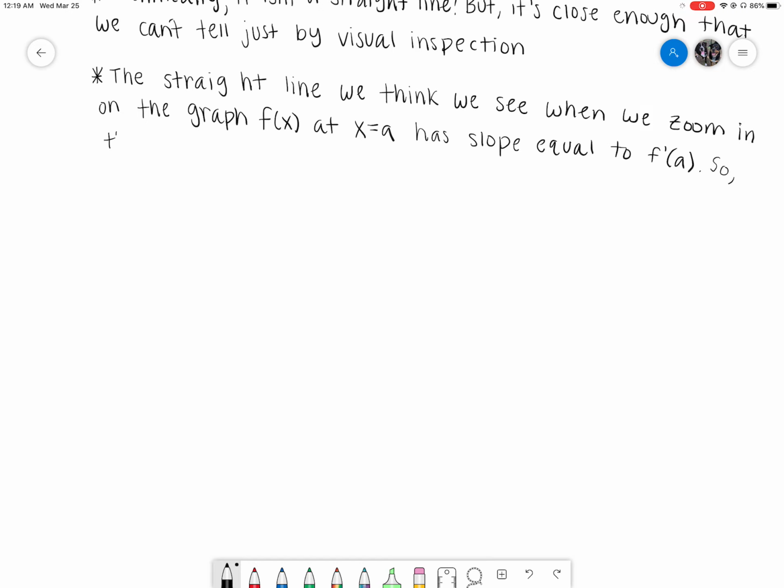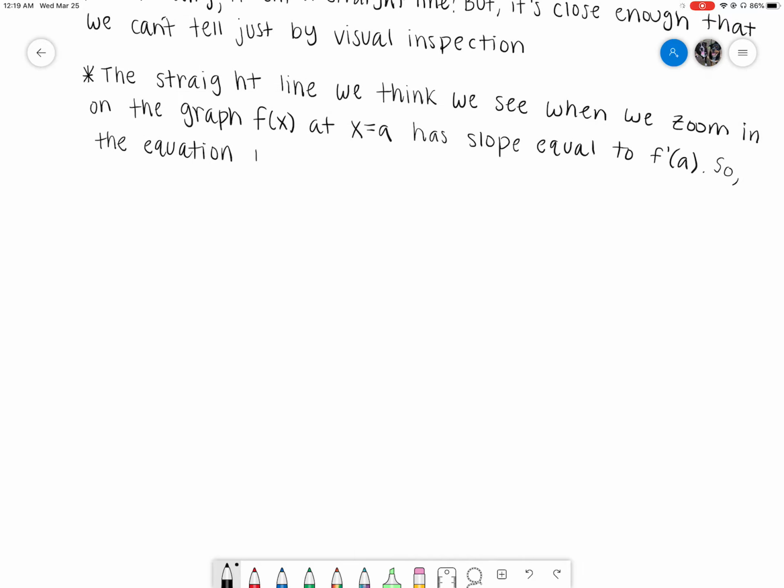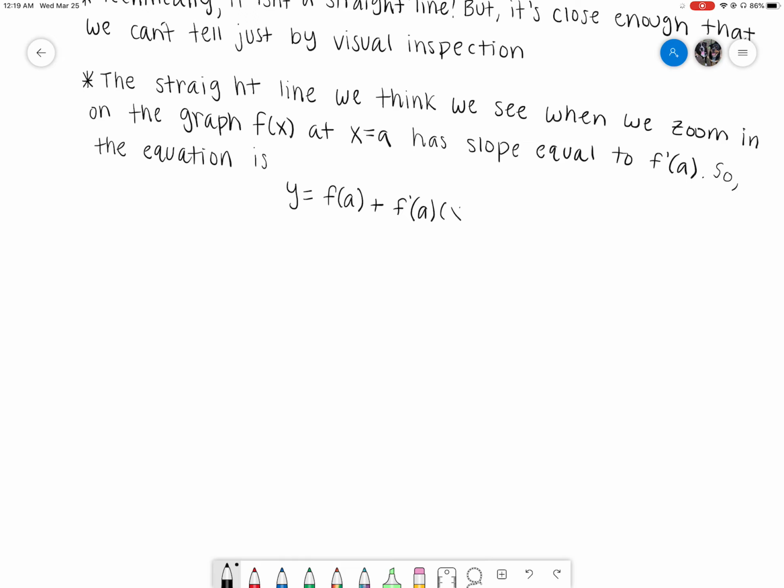So the equation of that straight line is y equals f of a plus f prime of a times x minus a.